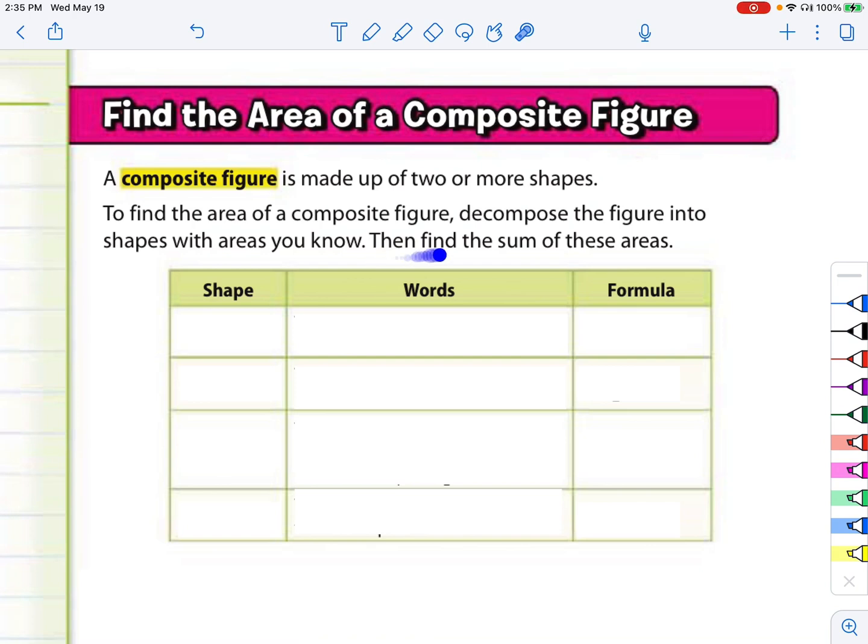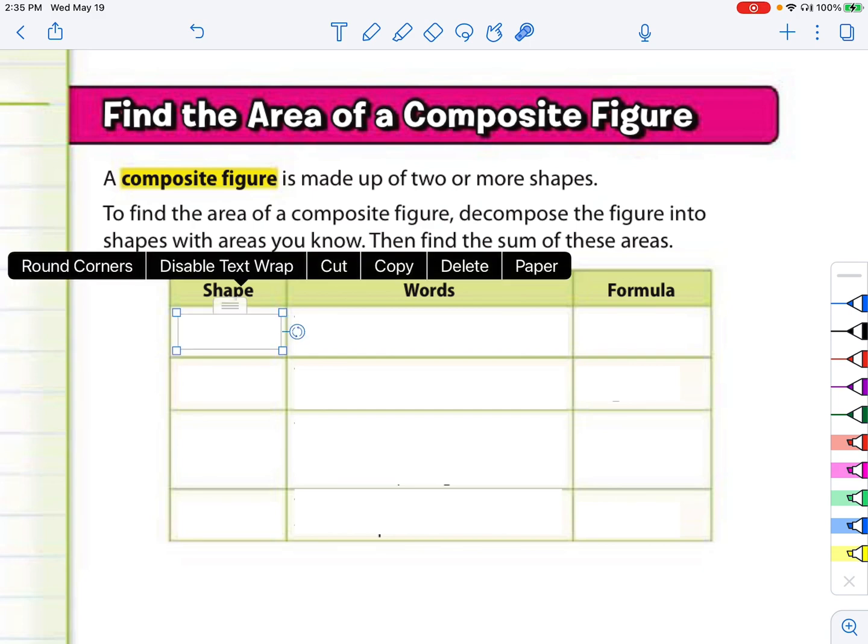Then you find the sum of these areas, and that's how we find the area of a composite figure. So first we decompose the figure into the shapes we know, and then we find the sum of these areas.